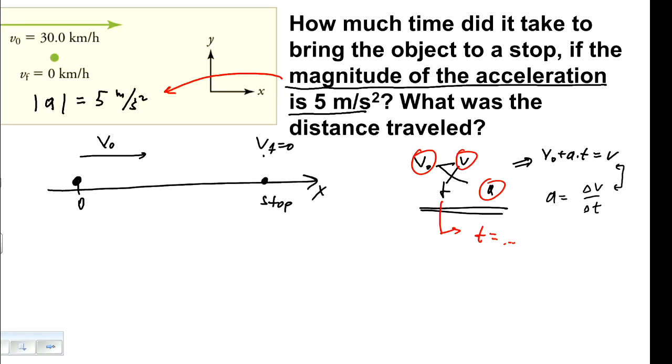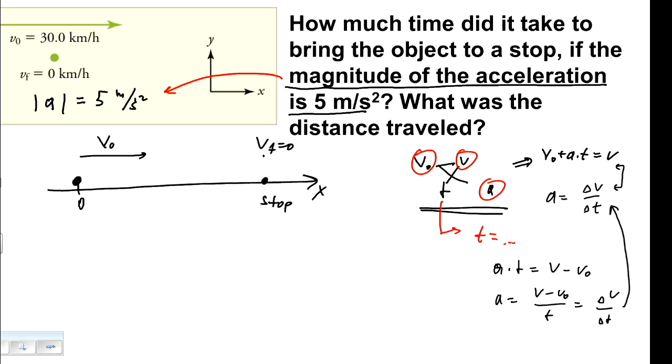For example, a times t will be equal to v minus v initial. A will be equal to v minus v initial divided by time, which is delta v over delta t because initial time is 0. So these are exactly the same equations. It's not two different equations. So you can use any. So what do you have for time?